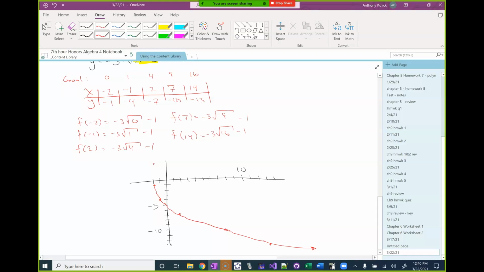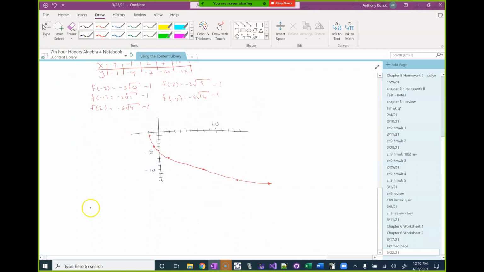Okay. So let's make a couple of observations here. Let's kind of generalize this. So when we found our x's in our xy table, what did we really do here?